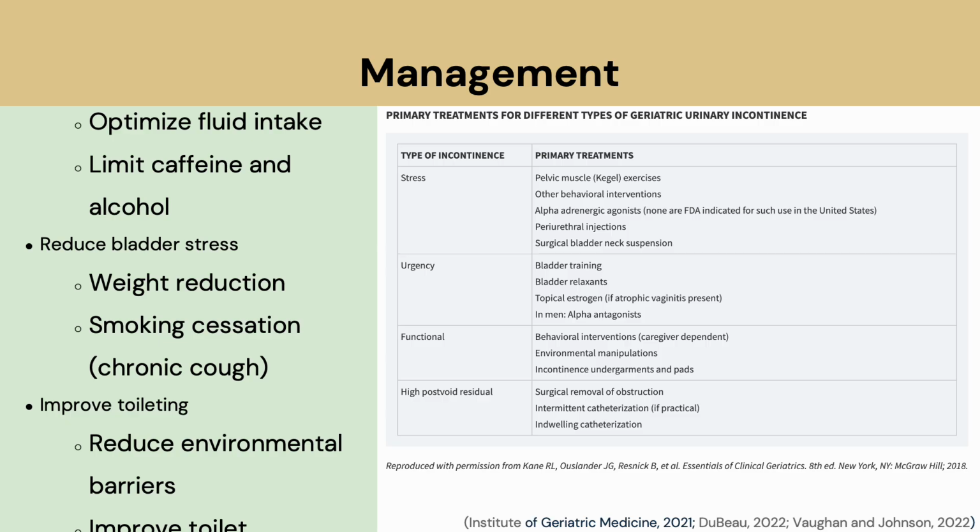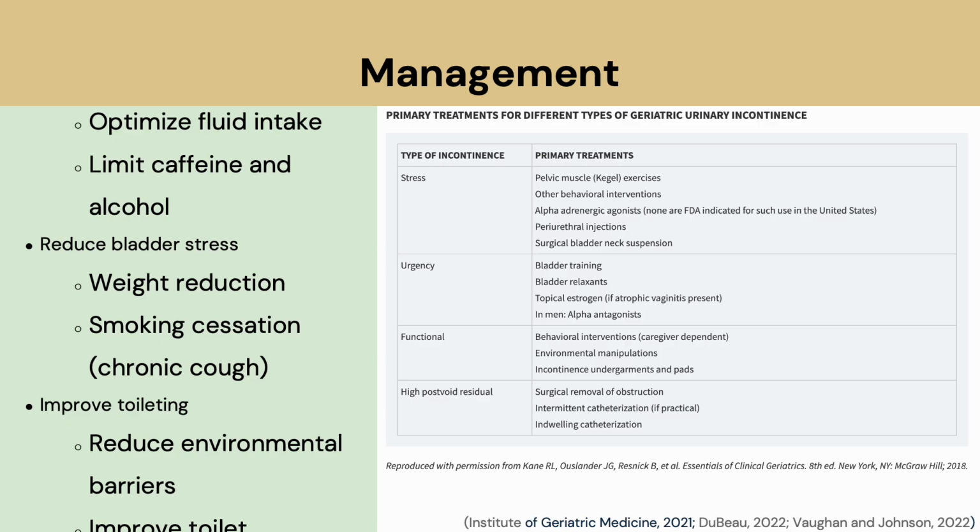So strengthening the pelvic floor muscle can improve the symptoms. But if conservative treatment fails, selected patients may benefit from procedures such as periurethral injection or surgery.